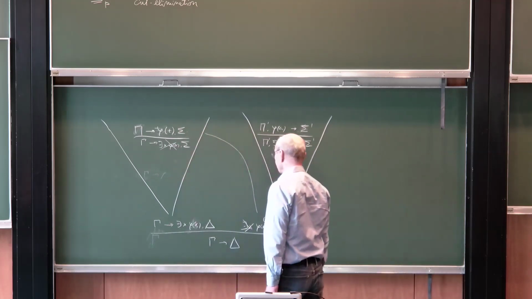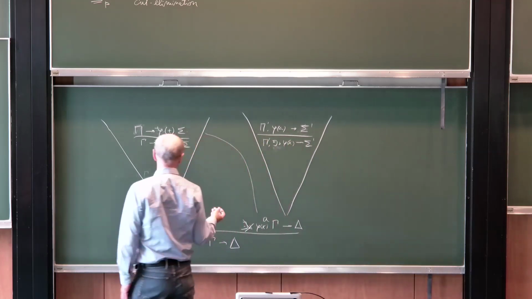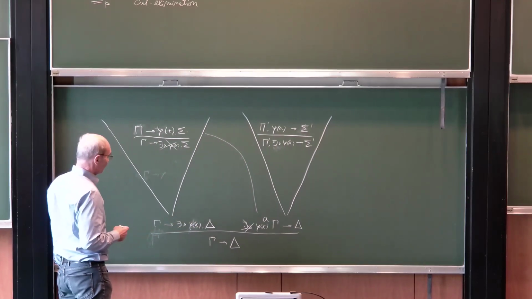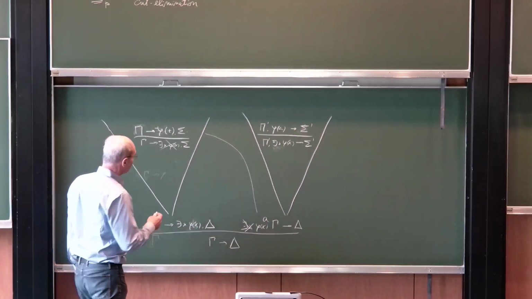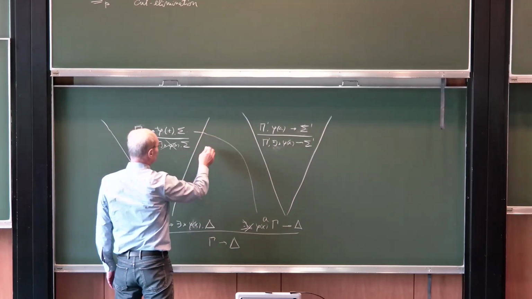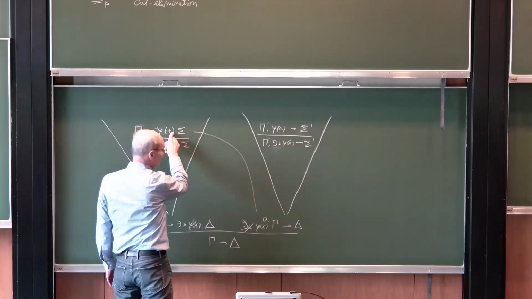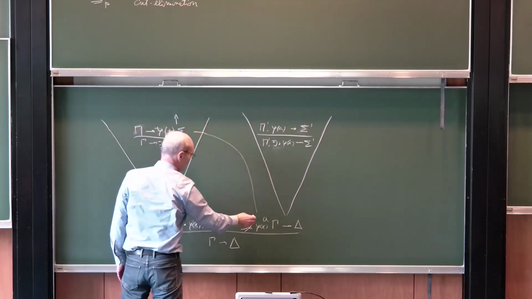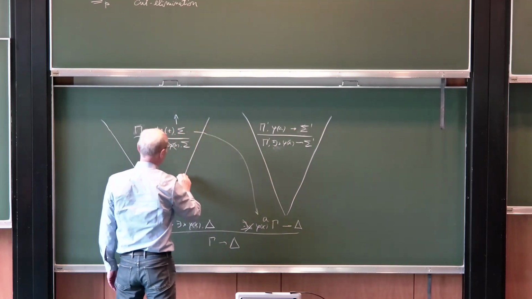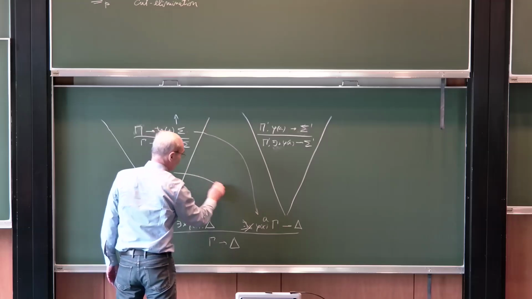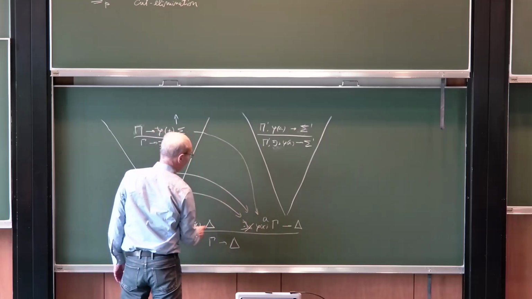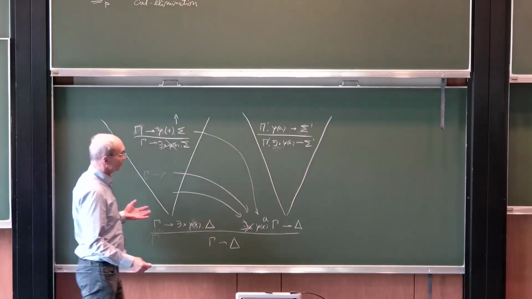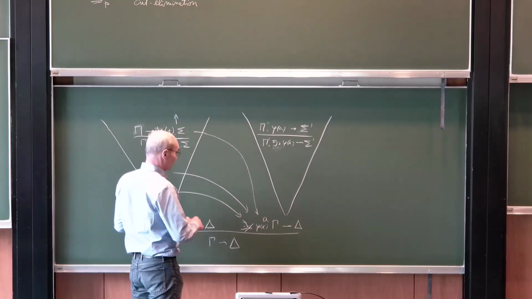So as a result, this tree will become just a dag where for each of those we will have this premise and this, and so we will have arrows like this, and this will introduce cycles in the proof.